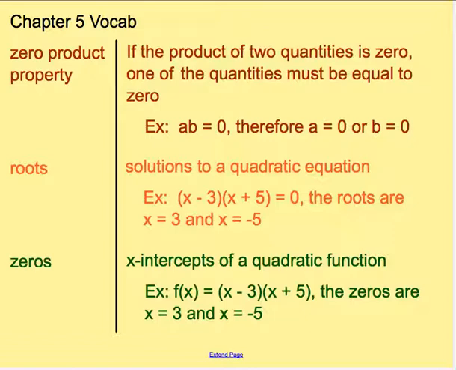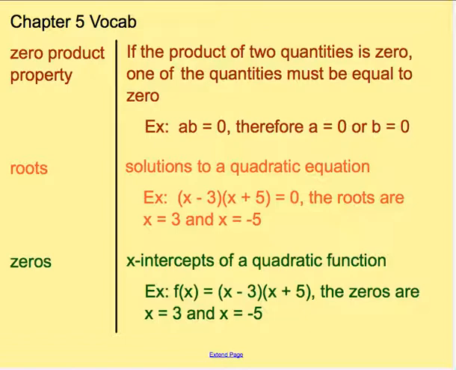Now our next two vocab words have very similar meanings. There's just one slight difference. First one is roots, and that's the solution to a quadratic equation. Quadratic equation is when you have an x squared function equal to 0. So my example, quantity x minus 3 times quantity x plus 5 equals 0. So the roots are 3 and negative 5, remembering the opposite sign, and we'll see how that works a little bit later.